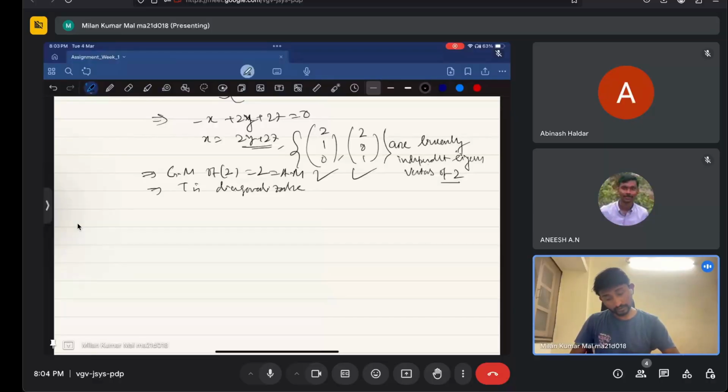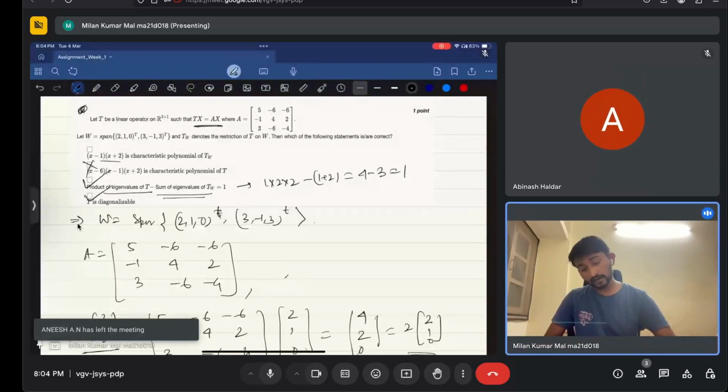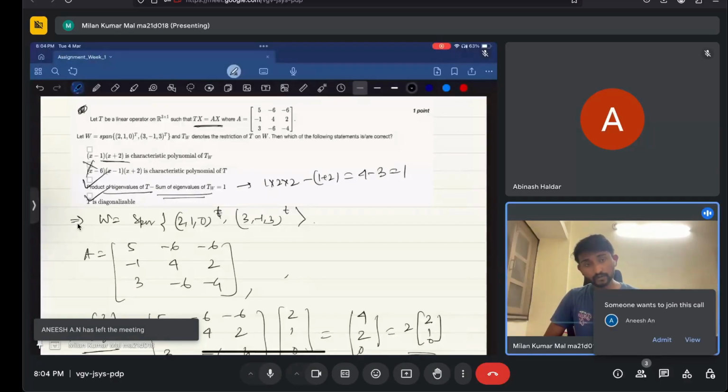So here one can say that the characteristic polynomial of T restricted to W is (x minus 2)(x minus 1). That implies option A is false.